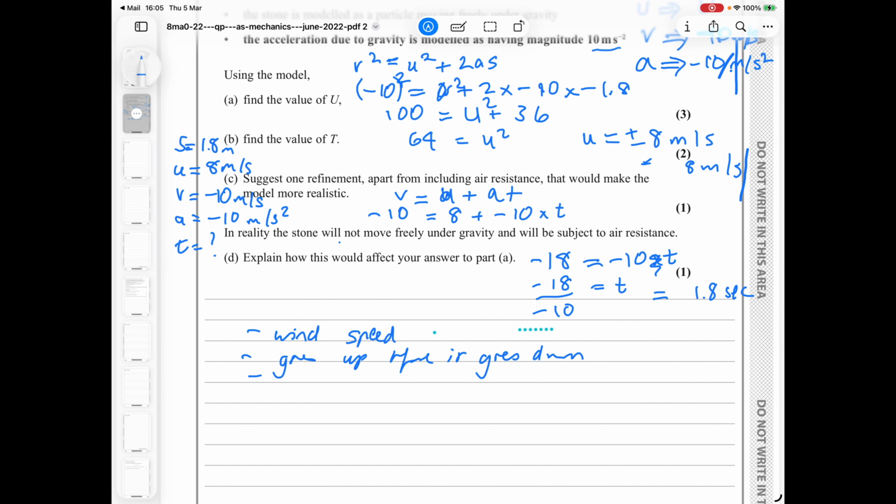In reality, the stone will not move freely under gravity and will be subject to air. Oh, and also the stone has mass, which does make a difference to all the forces around it.